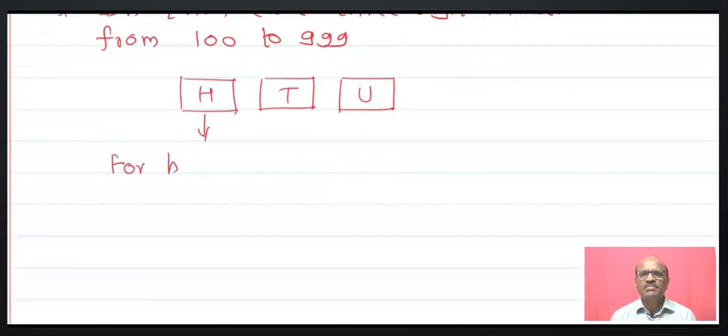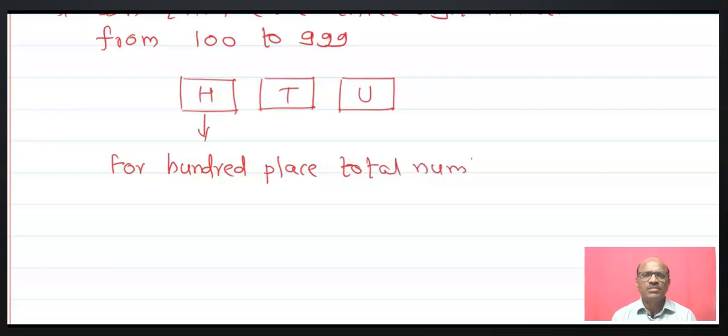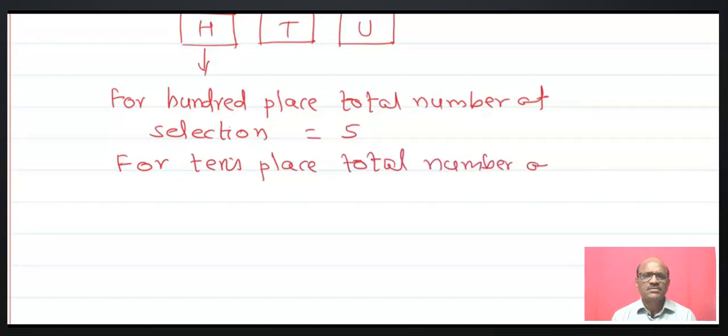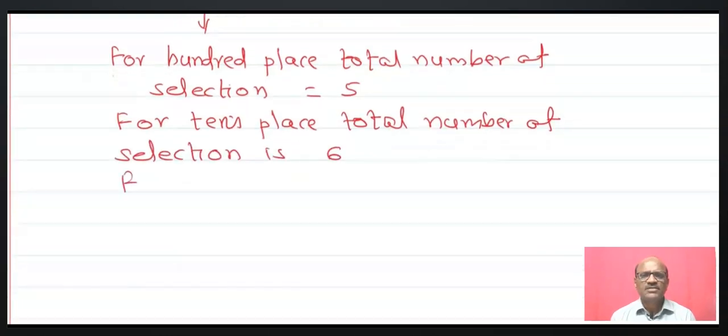Therefore, for the hundreds place, the total number of ways of the selection of the digits equals 5. For the tens place, the total number of ways of the selection of the digit is 6.